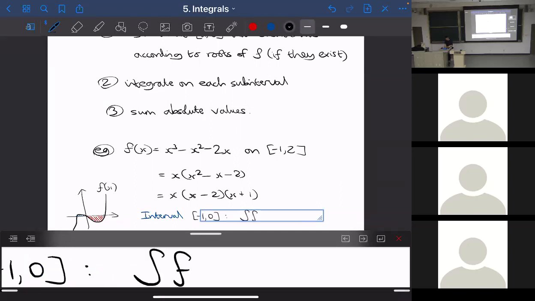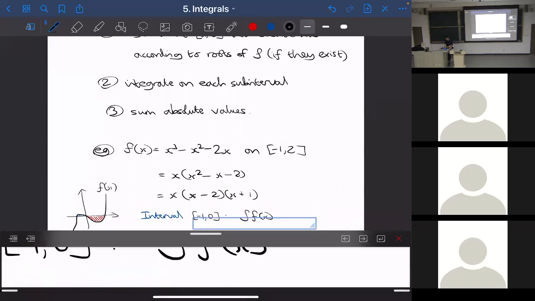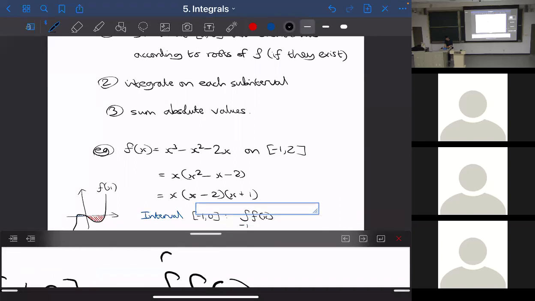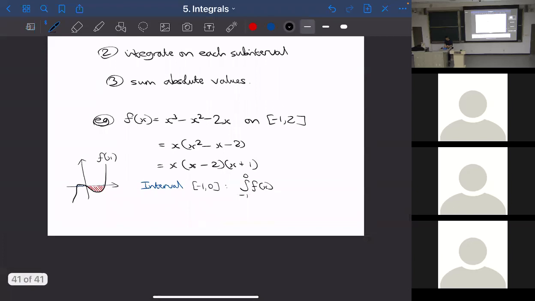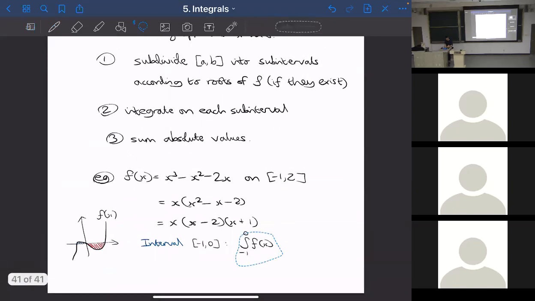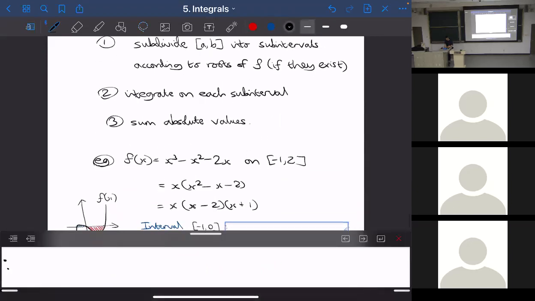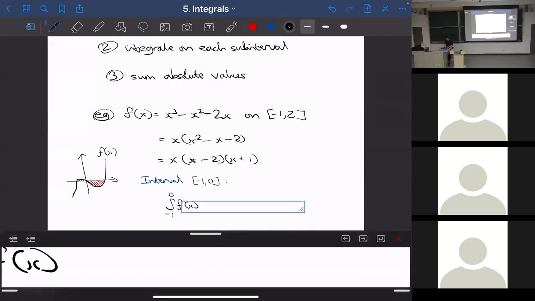So the integral of f(x) on this interval is given by writing down an antiderivative. So we can do x to the 4 over 4.